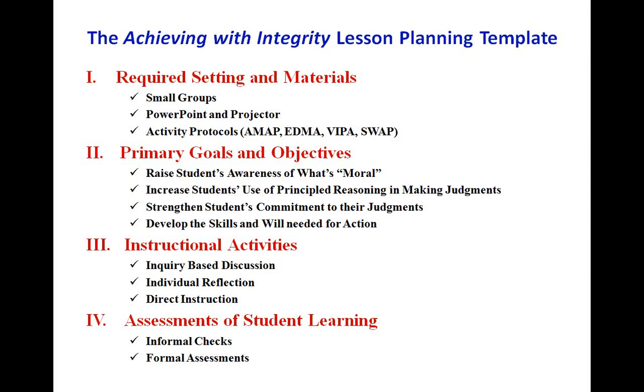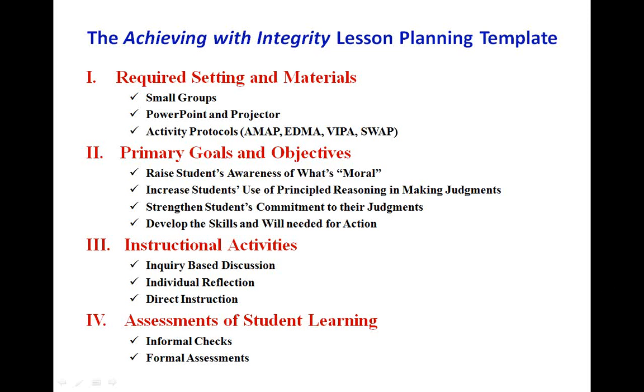And that requires maybe a PowerPoint and projector, unless you make handouts and have some other means to display and share information. And then finally, for materials, the activity protocols themselves. Oftentimes we say make 2 copies of them, depending on the activity.